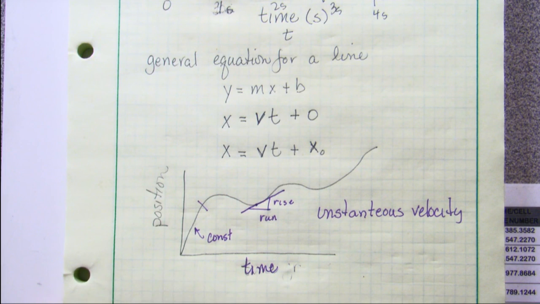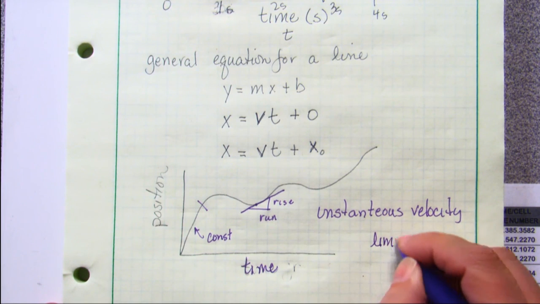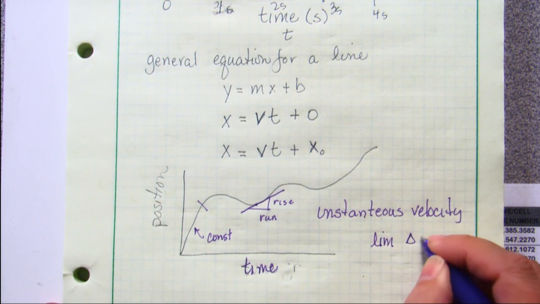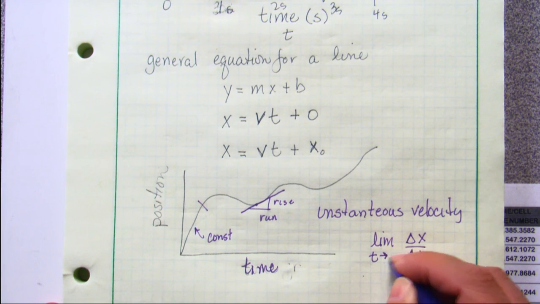And for those of you who may go on to calculus, what we're saying is this instantaneous velocity is the limit of my change in position with respect to time as time approaches 0.